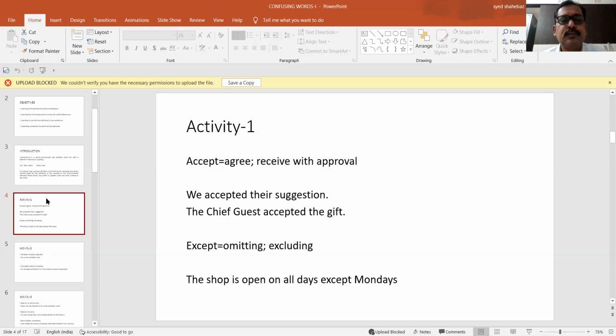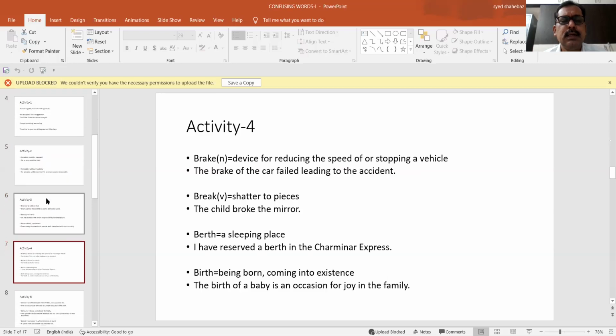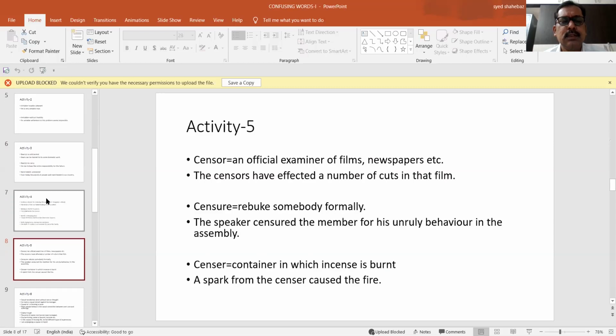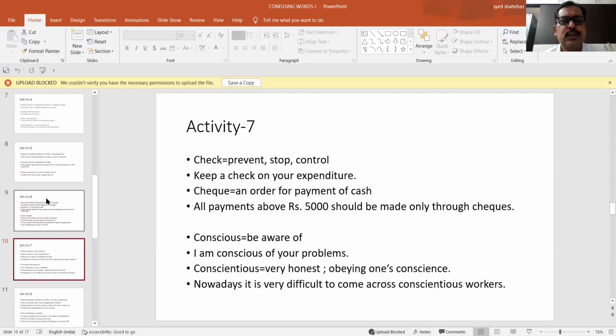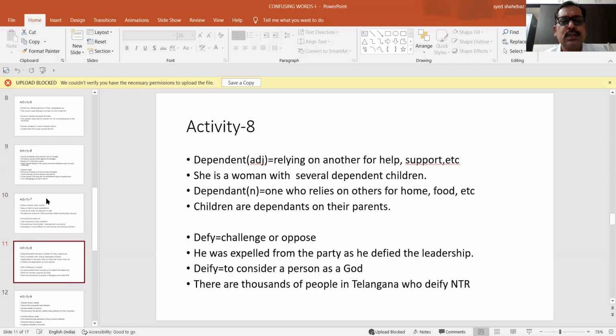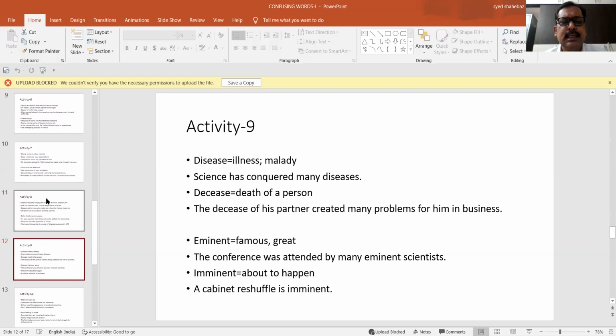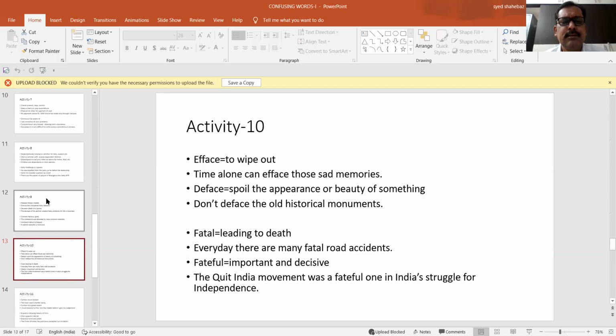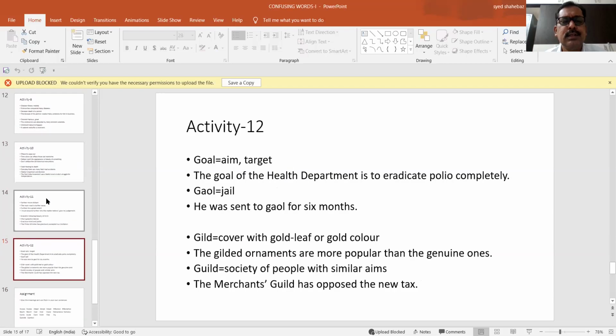So these are some of the homophones: accept, except; amiable, amicable; beer, bear; break, brake; birth, berth; censor, sensor; casual, causal; course, coarse; check, cheque; conscious, conscientious; dependent, dependant; defy, deify; disease, decease; imminent, eminent; efface, deface; fatal, fateful; further, farther; graceful, gracious; goal, gaol; guild, gild.